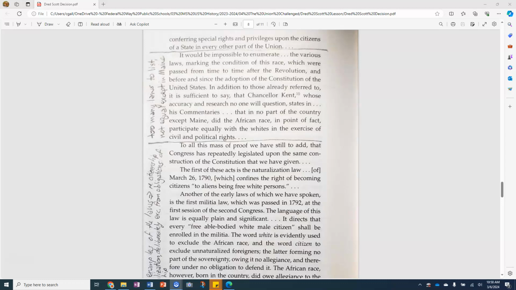He says, in no part of the country, according to this guy, but Maine, were blacks allowed to participate equally with whites in the exercise of civil and political rights. And it's worth knowing, by the way, right? These days we think of Maine as kind of a very integrated part of the East Coast. But at the time, Maine would have been frontier territory.